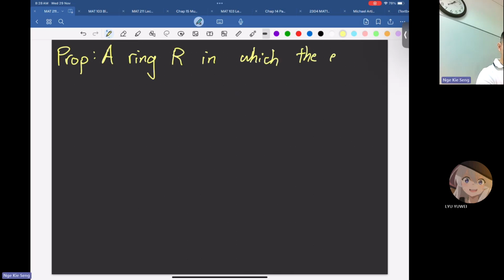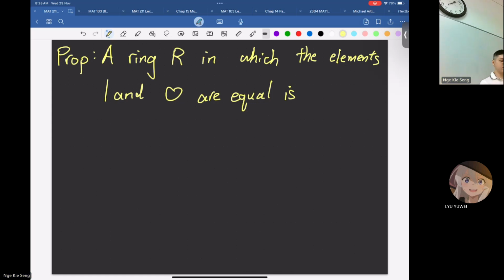Let's say, what's the ring such that 1 and 0 are equal? You want to guess what it is? What happens if the additive identity equals the multiplicative identity? What happens to that ring? The ring will collapse. Okay, the ring will collapse to a 0 ring.